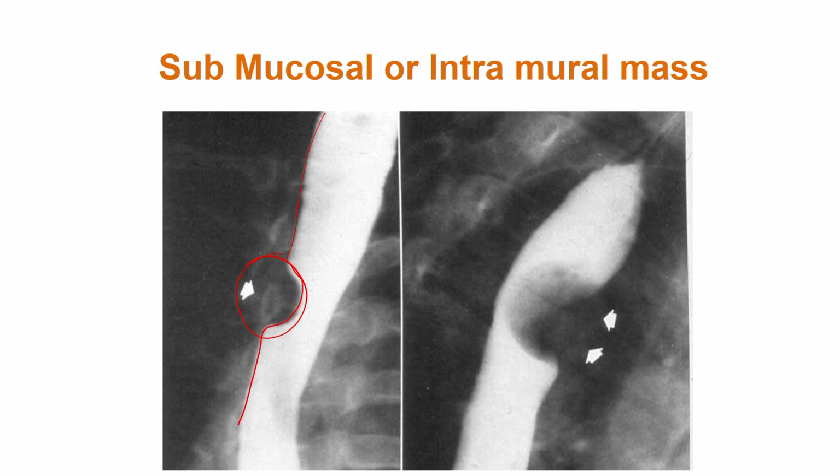It means the lining is just coated here. You can see the dye is just moving down, and the mass is just outside the GI tract. Here also the dye is doing the same. It means this is actually a stricture, a narrowing of the GI tract.